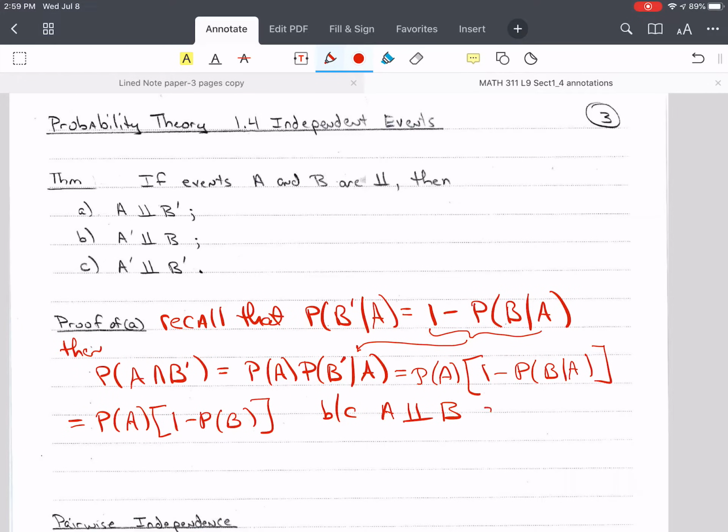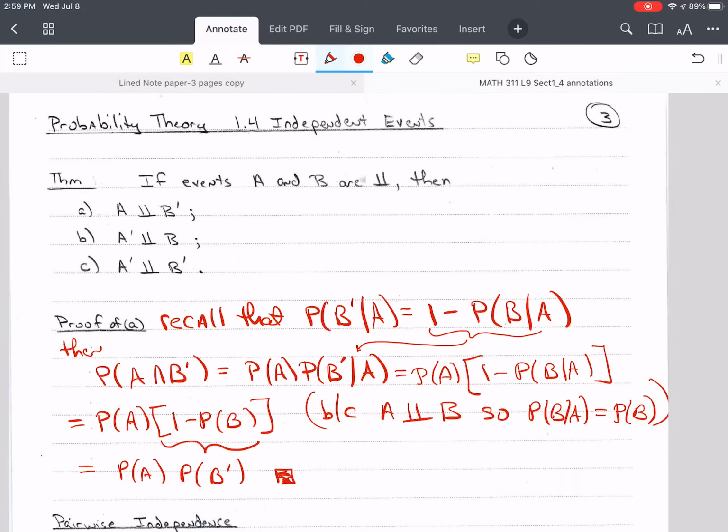So the probability of B given A is just the probability of B. That's an aside to our proof. And then we can rewrite this: 1 minus the probability of B is the probability of B complement. So this is the probability of A times the probability of B complement, and this has proved that A and B complement are independent. The others are similar.